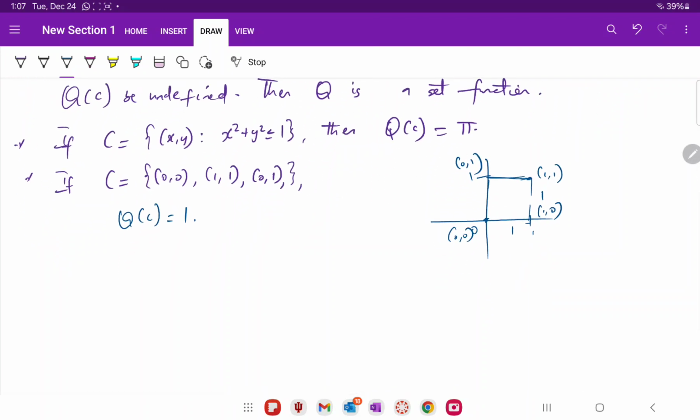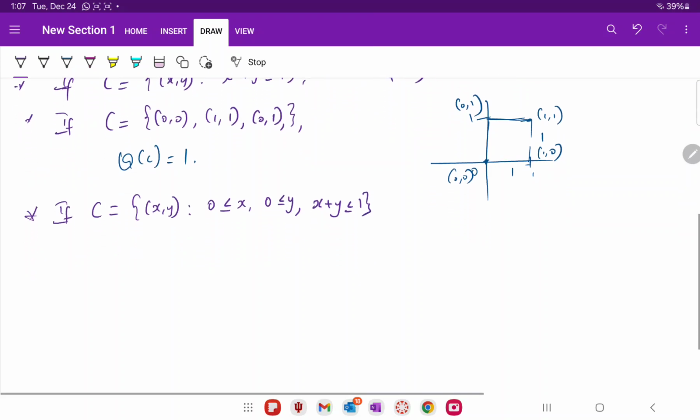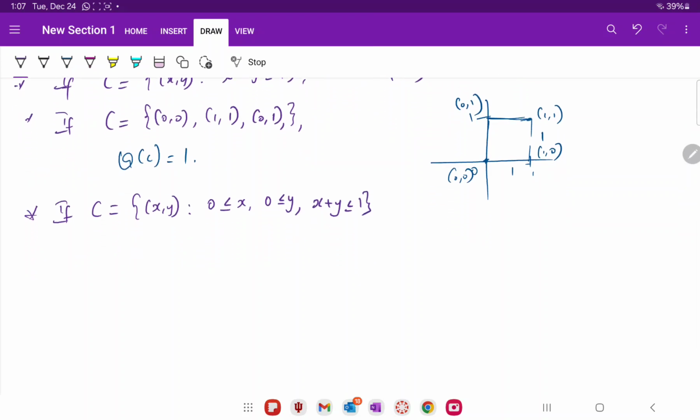Okay, so let's check another example. If C equals the set of x comma y such that 0 is less than or equal to x, 0 is less than or equal to y, and x plus y is less than or equal to 1, then you know that this is a triangle. So let's have a picture.